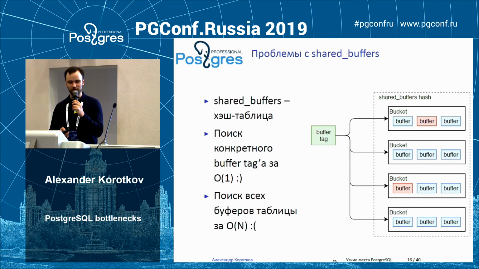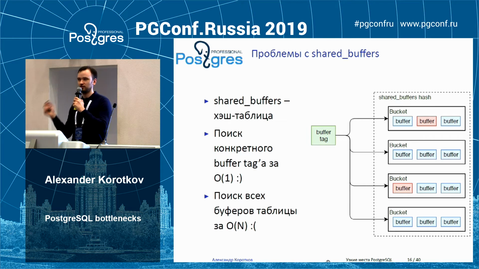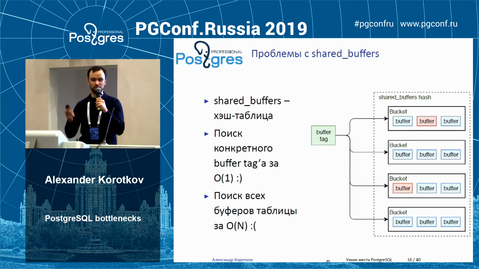In order to understand why this happened, we need to check the way shared buffers are structured and architected. Shared buffers is a hash table with a buffer tag key that completely identifies the block of data. The buffer tag indicates the type of table and the number of the block.